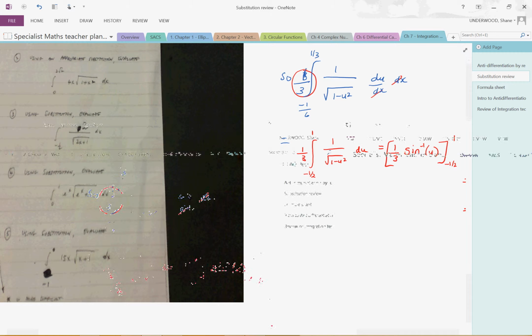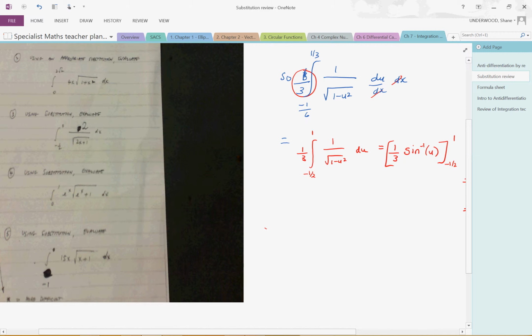The second one we had, so I'll do it a little bit faster this time, the integral from 0 to 2 root 2 of 4x over the square root of 1 plus x squared. Well, that is equal to, using a u substitution of 1 plus x squared, where du dx is equal to 2x. When x equals 0, u is equal to 1, and when x equals 2 root 2, that's going to be 2 times 4, 8, so u is equal to 9.